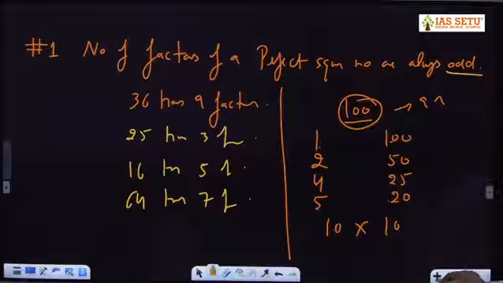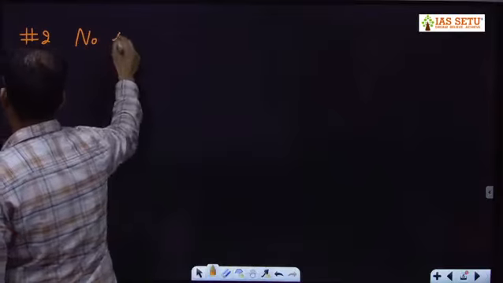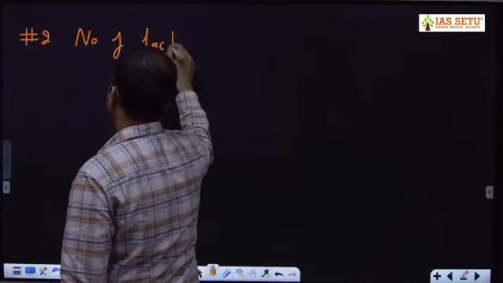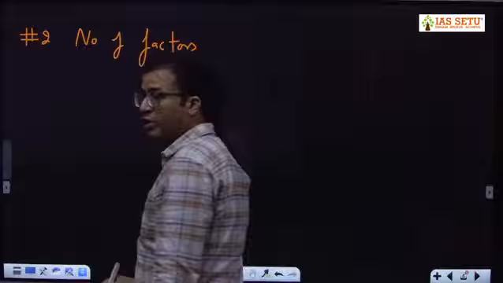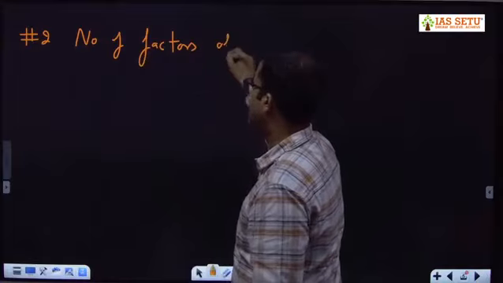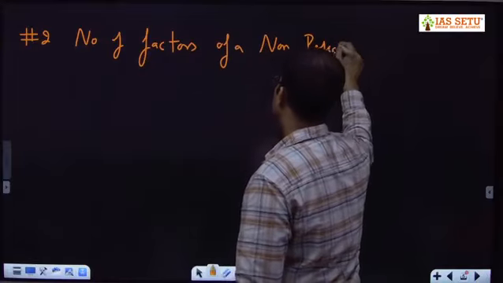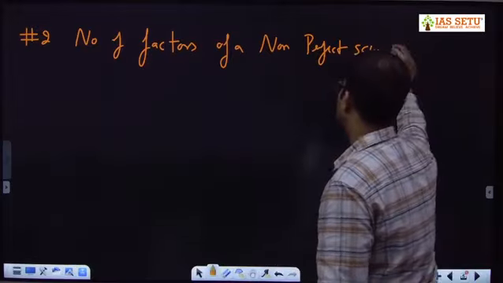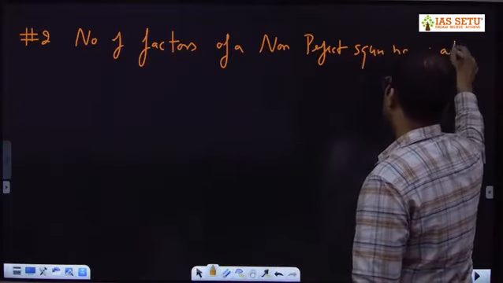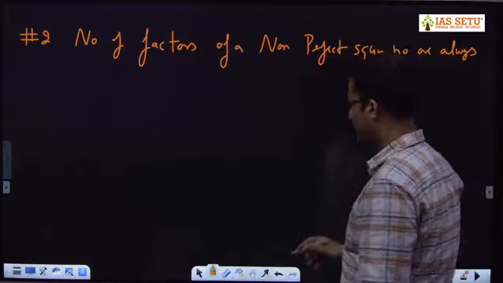ठीक है. Second observation: number of factors of a non-perfect square number are always even.